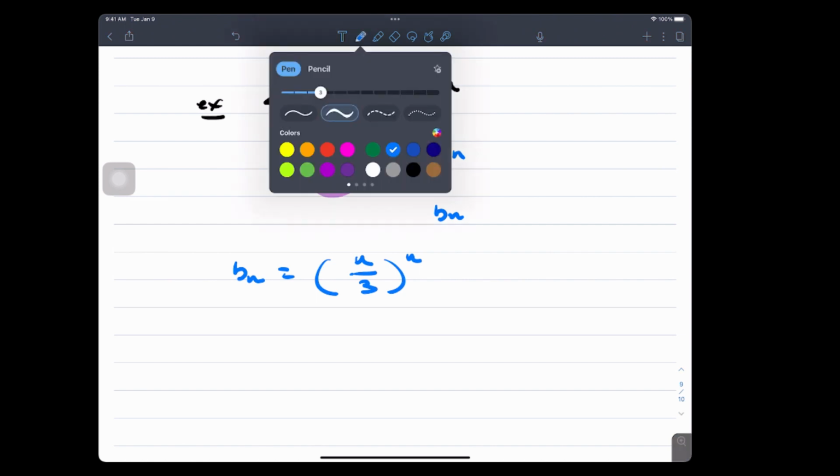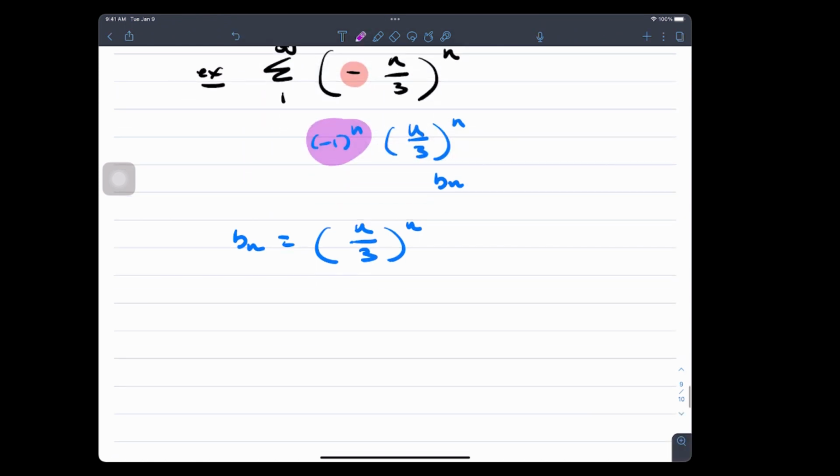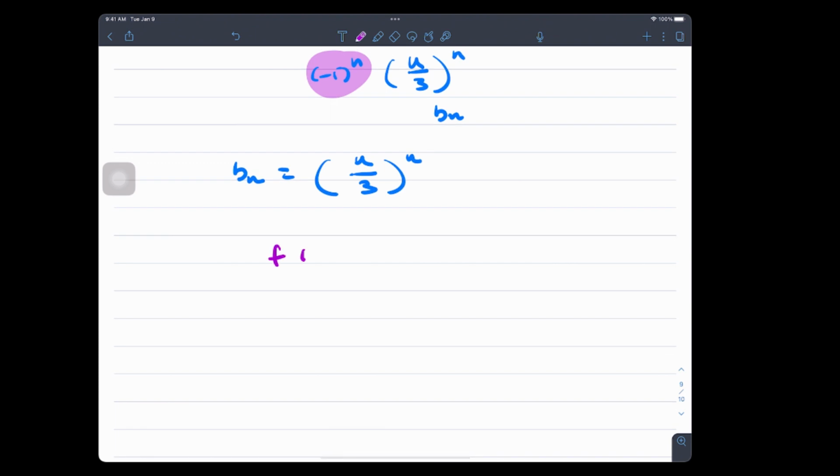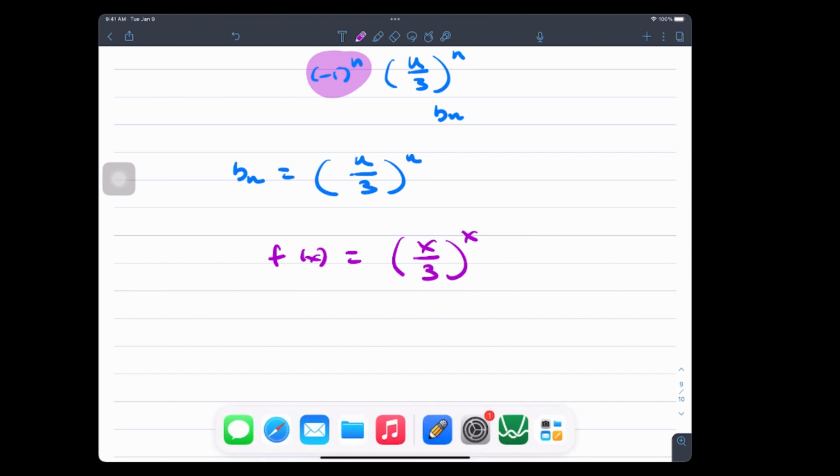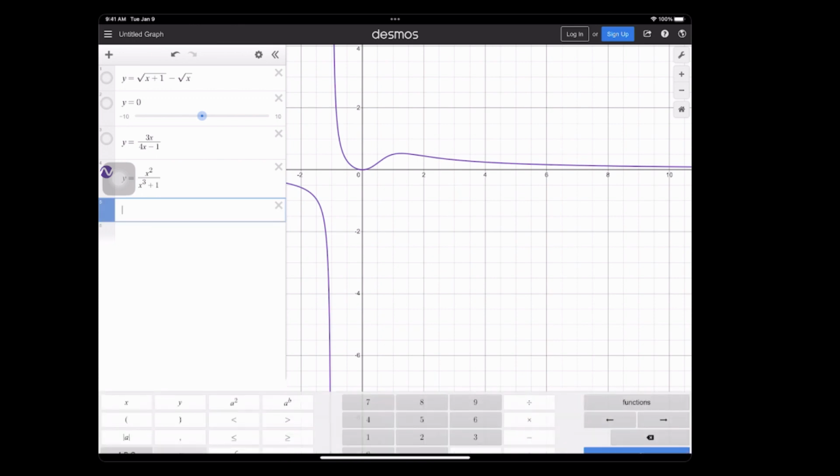So, okay, now we might say, well, what kind of function am I looking at here? Isn't that increasing? I don't know. Let's see. That might be an increasing situation.